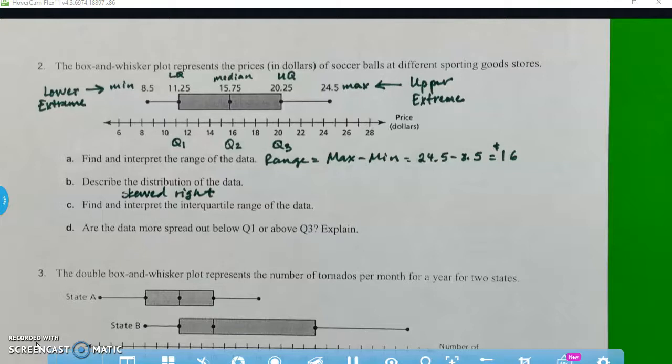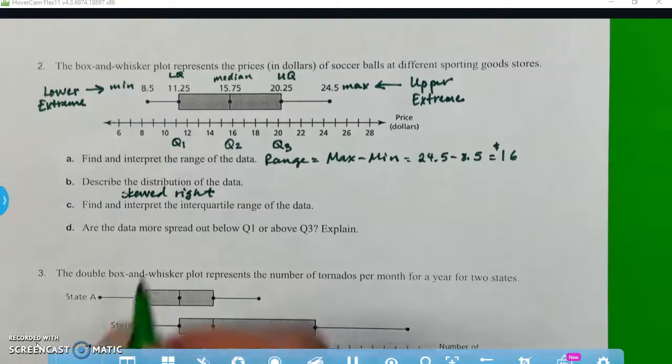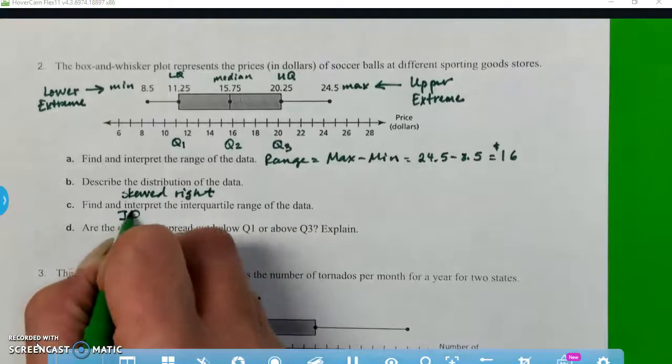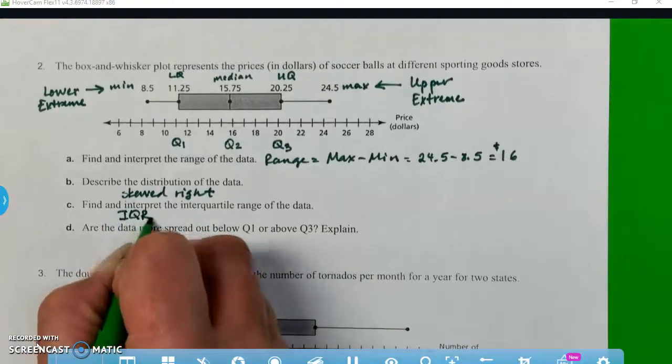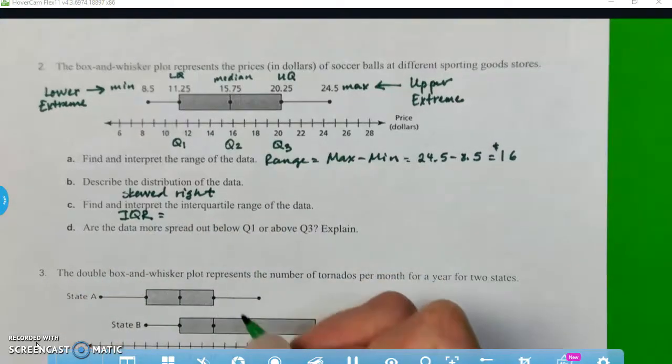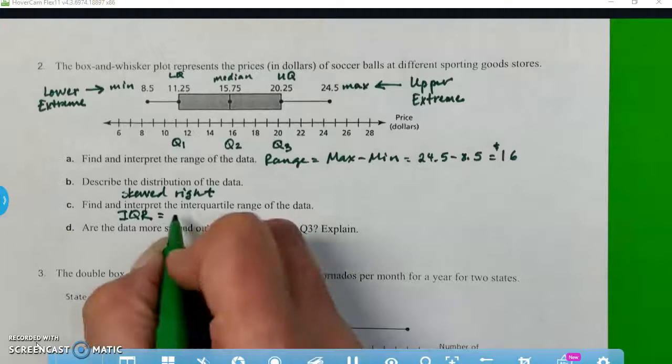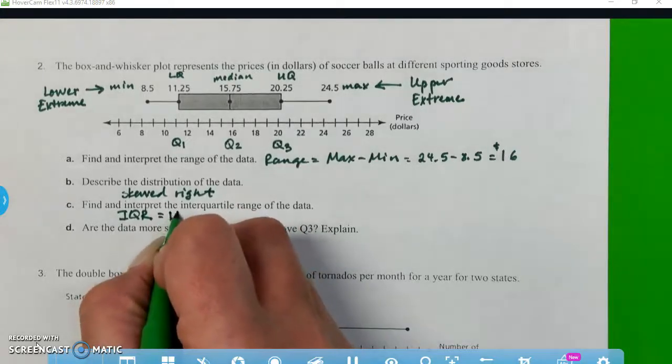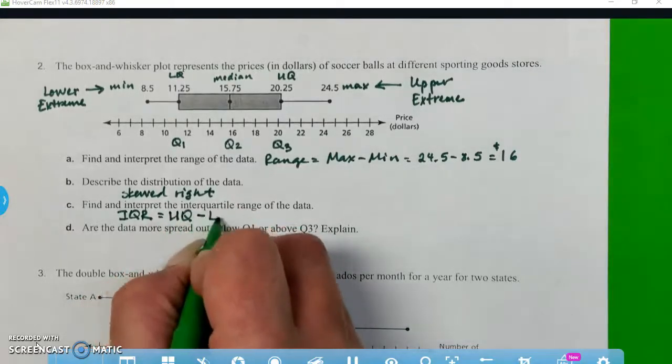Point C, find and interpret the interquartile range of the data. A lot of times you guys will see the term interquartile range also in an abbreviation, IQR, and that has to do with range between upper quartile and lower quartile.